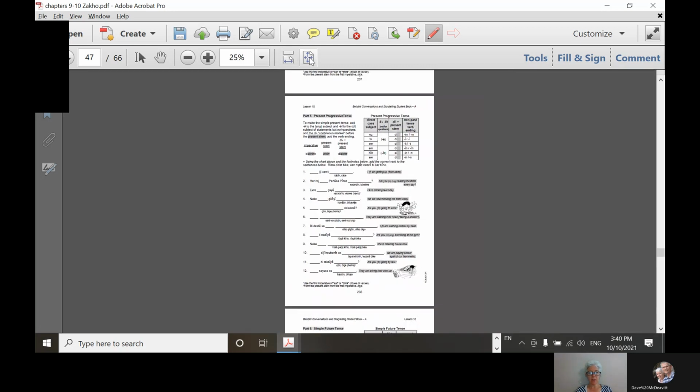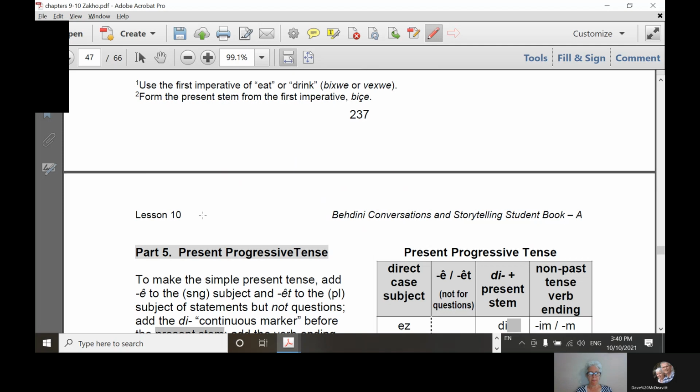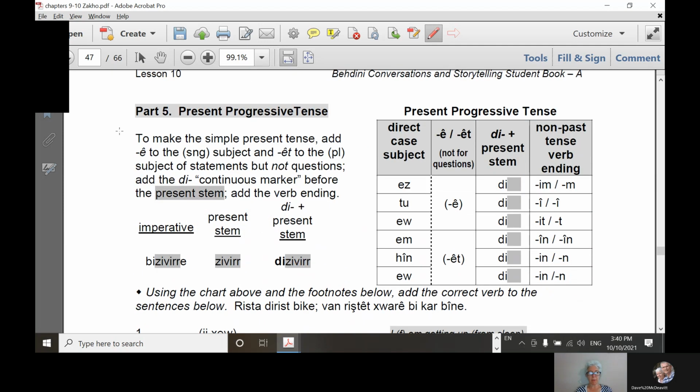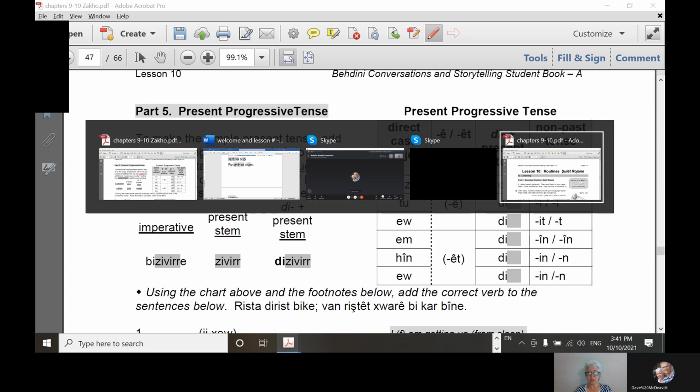Okay, so to make the simple present tense, you add a to the subject and 8 to the plural subject of sentences, but not to questions. And then you add the de continuous marker before the present stem and the verb ending. Now, this is different in Tehuki. Let's go look at Tehuki.